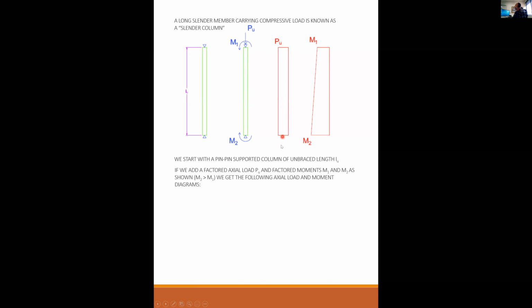The axial diagram has a constant factored axial load P sub u, and in the moment diagram M2 is greater than M1.